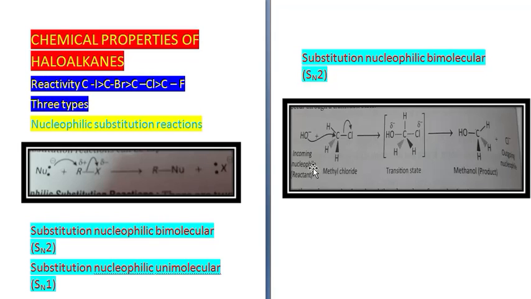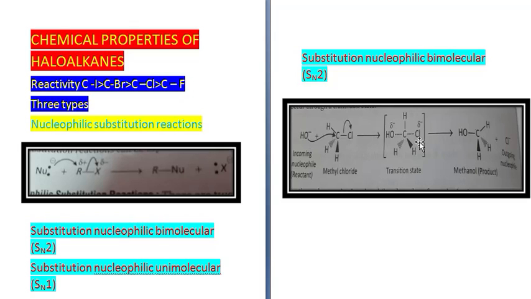Alright. Now in an SN2 reaction, the attack of the nucleophile takes place from the back side. See OH minus over here. It is attacking the carbon from the back side. And from the front side, the leaving group. What is the leaving group in this case? Chloride. This will leave and OH will get attached towards the backward side.